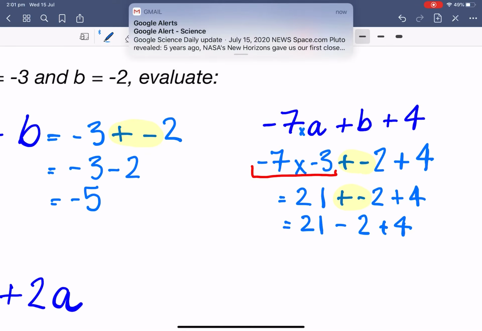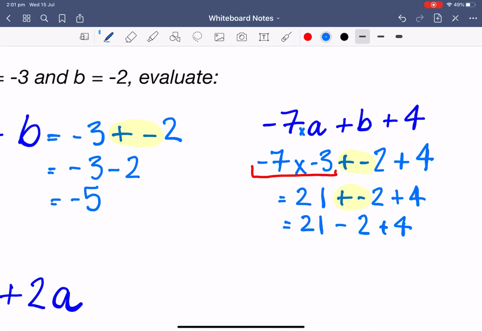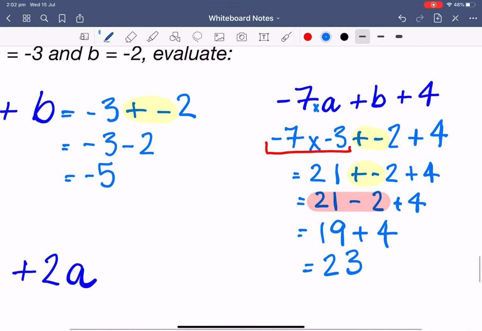So we're going to go from left to right. So we first quickly work out what is 21 take 2. That's 19. And then we add 4, okay? And that gives us 23. And that's our final answer.